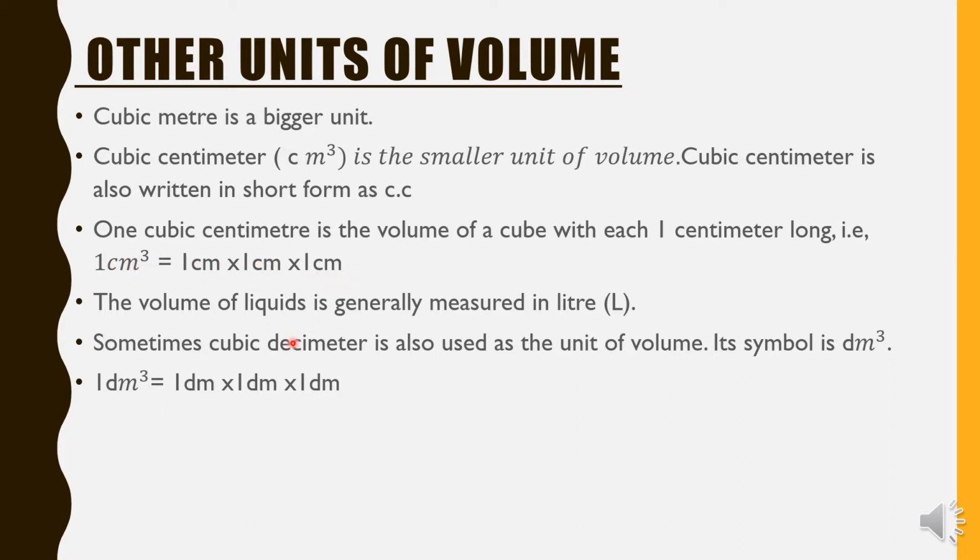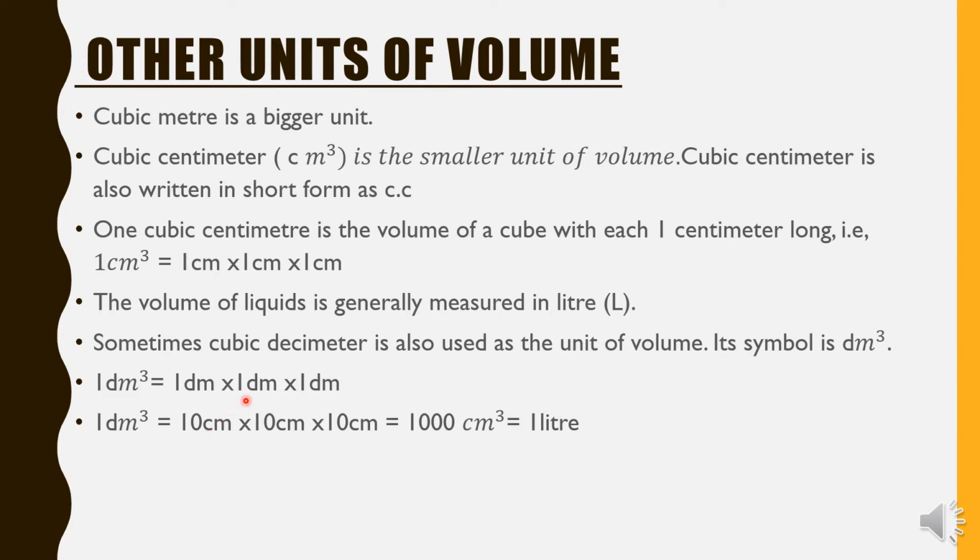So here 1 decimeter cube equals 1 decimeter multiplied by 1 decimeter multiplied by 1 decimeter. Right children? As we know, 1 decimeter equals 10 centimeter. So in place of 1 decimeter, we can write 10 centimeter.